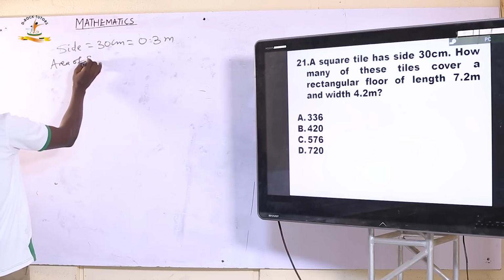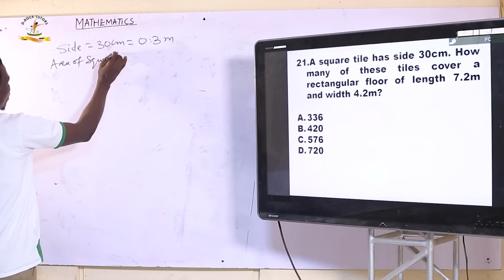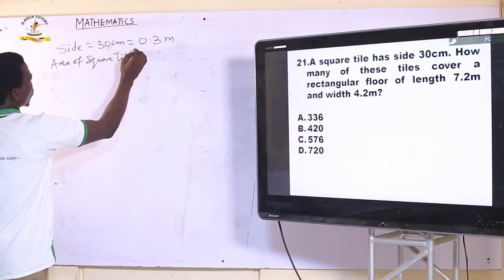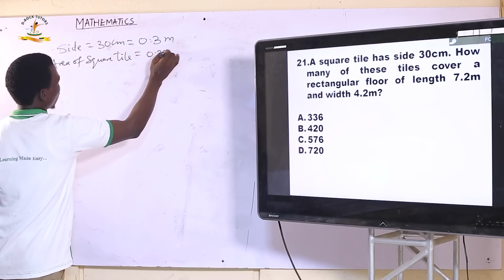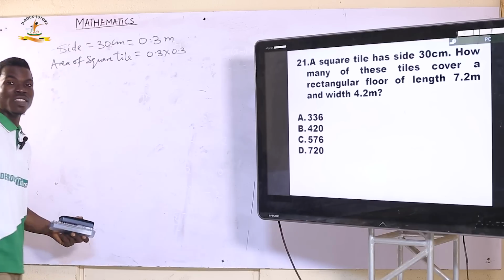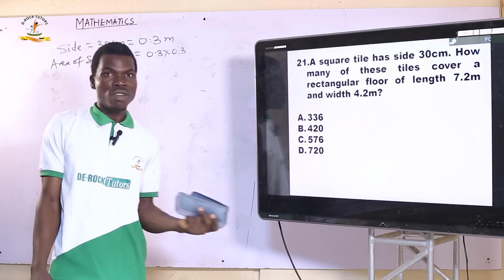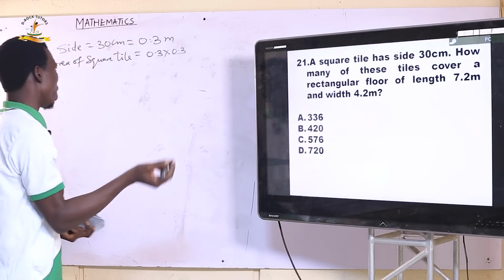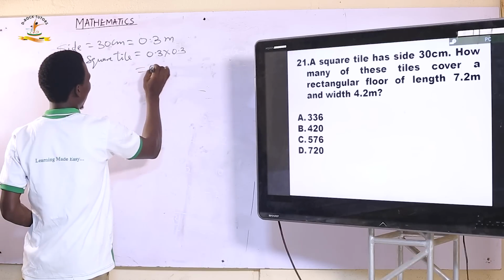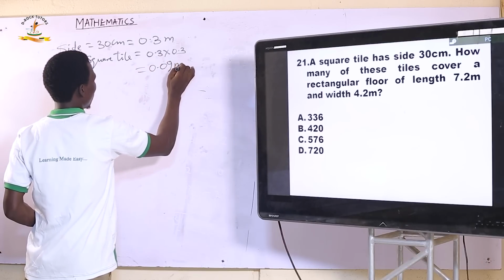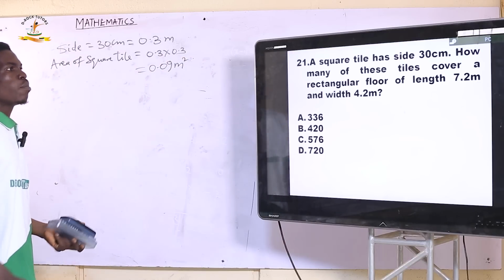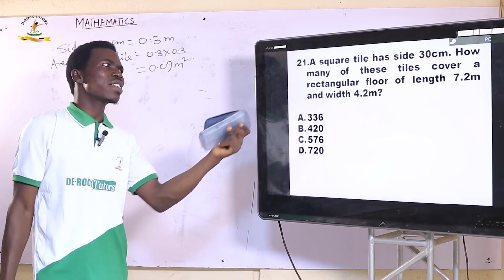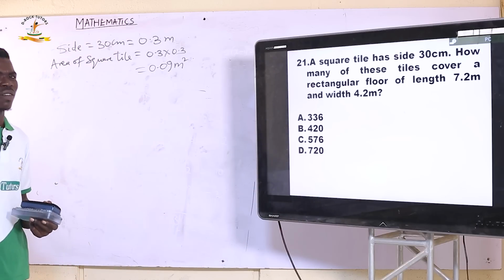Area of square tile is going to be 0.3 multiplied by 0.3, because for a square the area is length squared, and this is going to give me 0.09 meters squared.